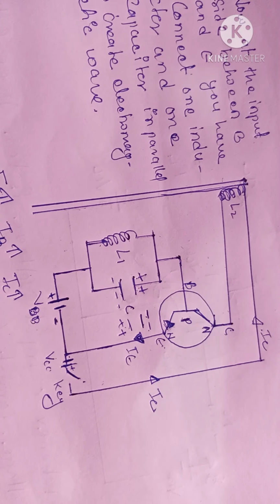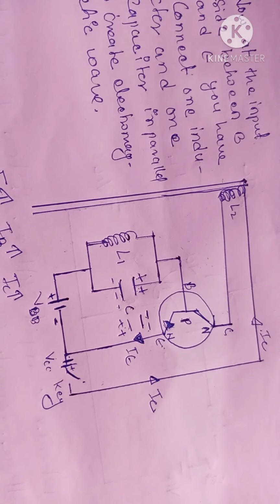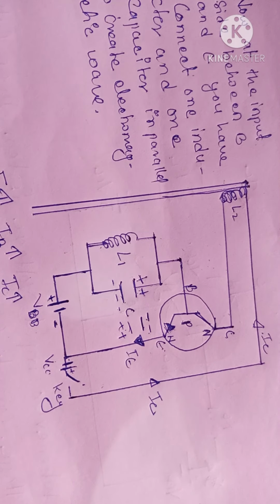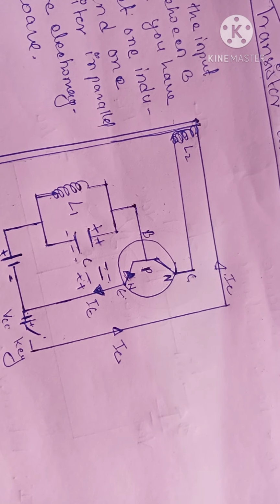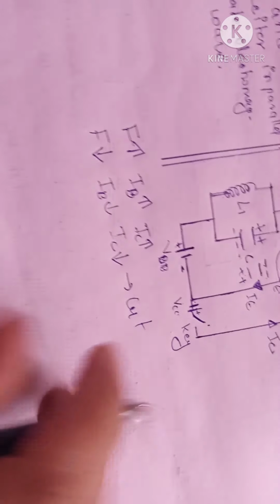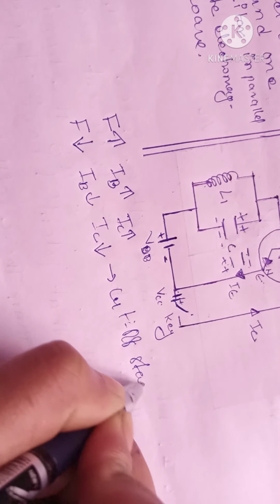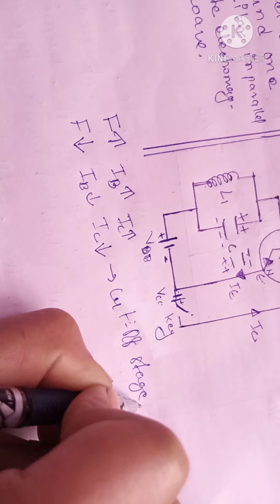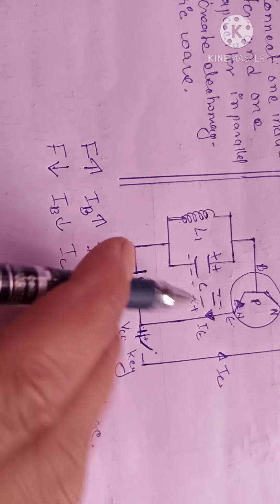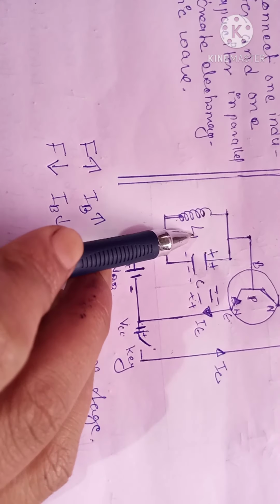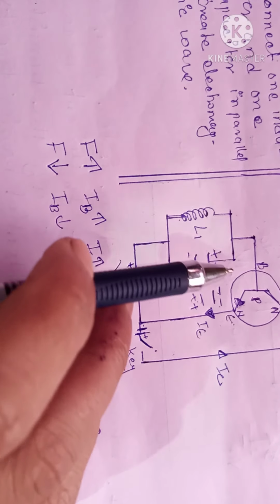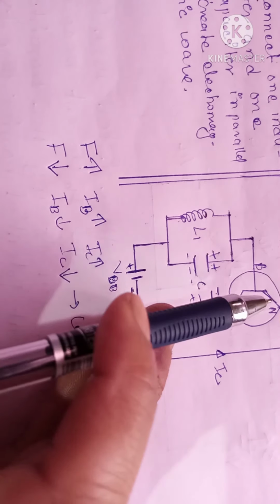When base current decreases, ultimately IC also decreases, up to the cutoff stage. When the capacitor is fully discharged, the same process repeats.